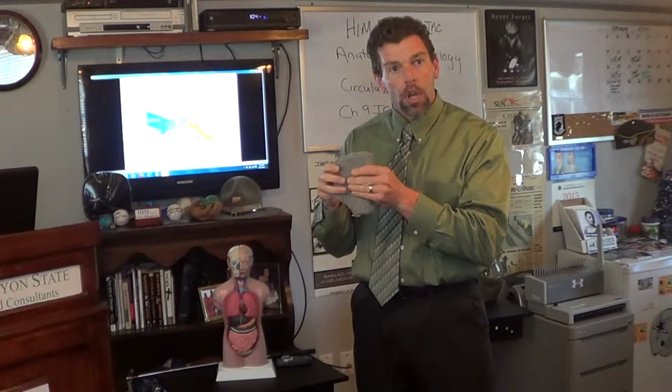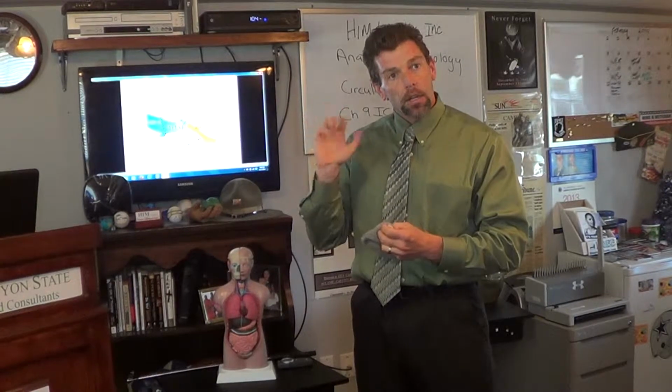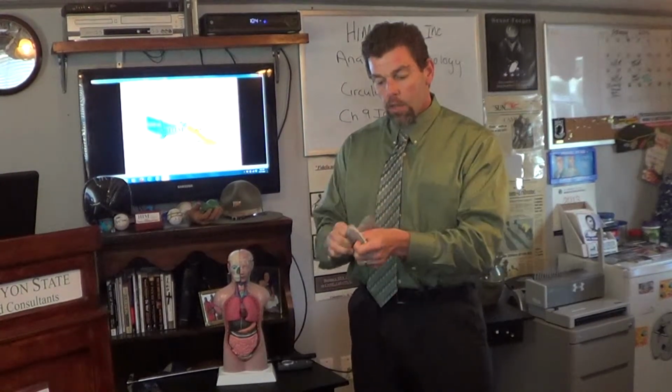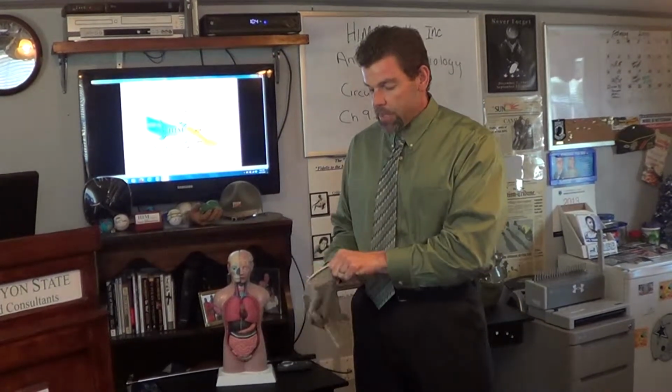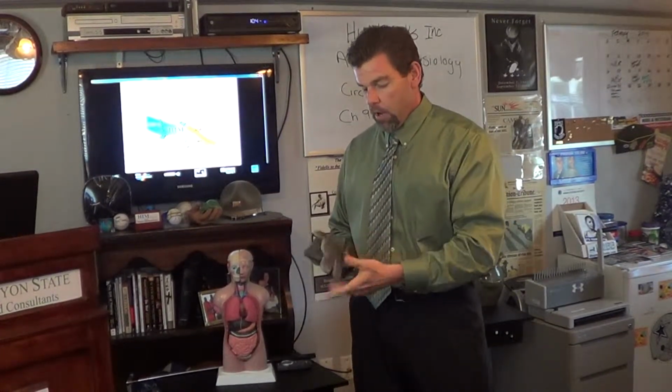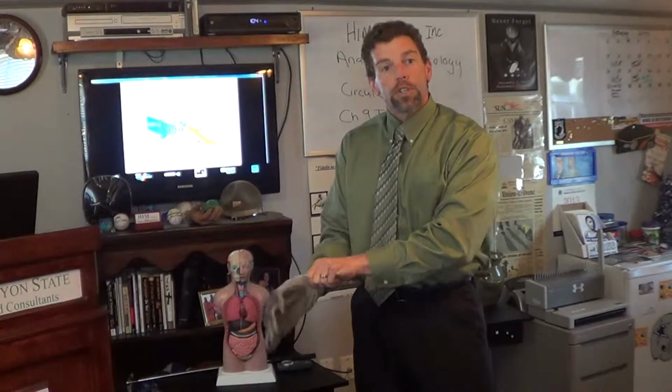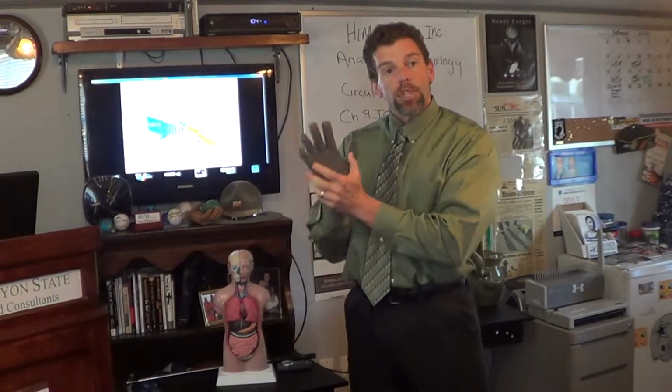That will be the job of the inner portion of the pericardium. Again, if my hand is the heart model, this inner portion of the pericardium is what's going to actually come into contact with my heart. We refer to the part that actually comes into contact with the heart as the visceral pericardium.